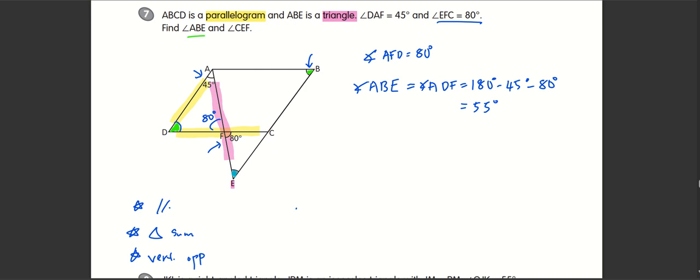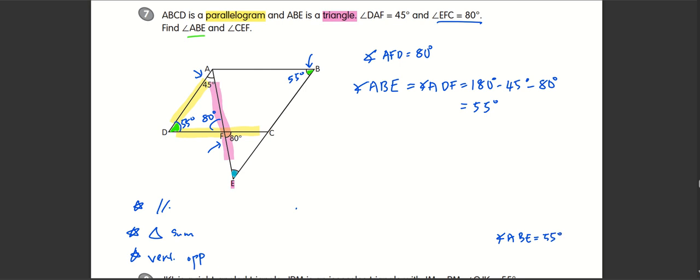So with that, I can find this angle, which is 55 degrees, which is the same as here, 55 degrees. So that's my first answer: angle ABE equals 55 degrees.